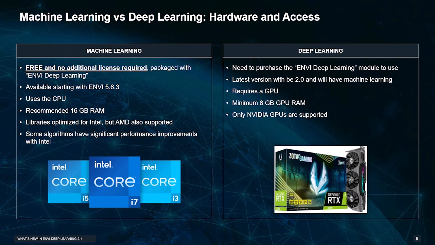You do not need a license of deep learning in order to use it. Deep learning, however, is a separate module that you need to purchase through ENVI. The big difference between the two, machine learning uses the CPU, deep learning uses the GPU, and does require an NVIDIA GPU in order to use the tools. So that's all I'm going to say there. Like I said, if you want to learn a little bit more, check out our website.